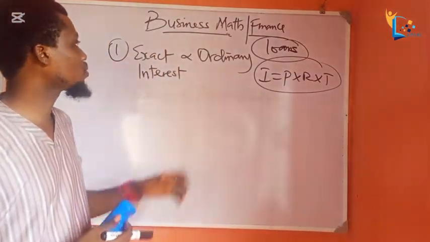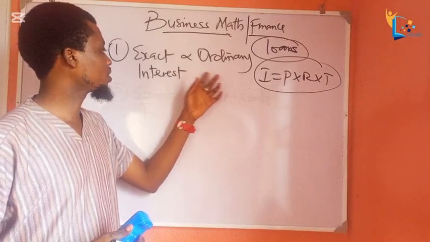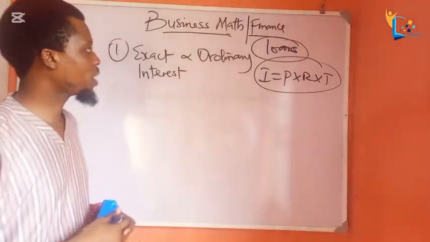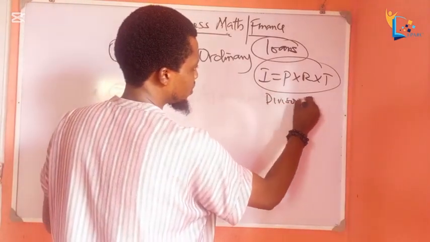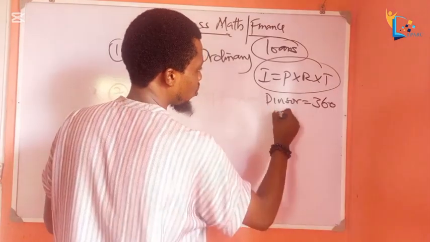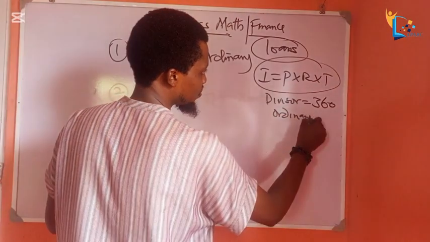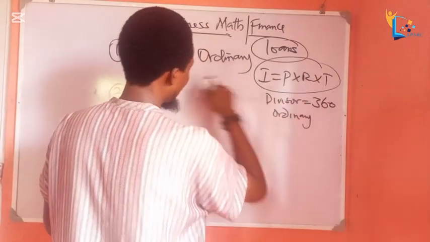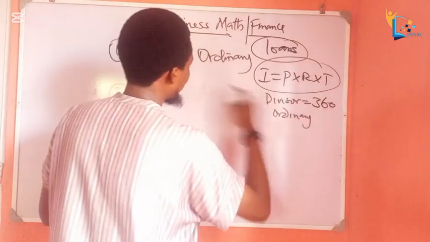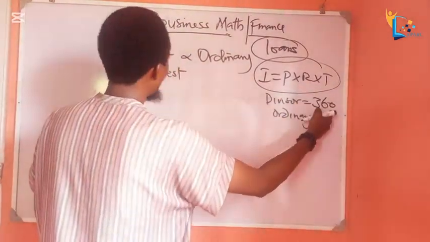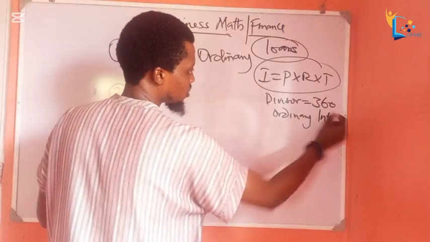Now, when we talk about ordinary interest, it's when the divisor is equal to 360. We are talking about the time now. When the divisor is 360, we are talking about ordinary interest.